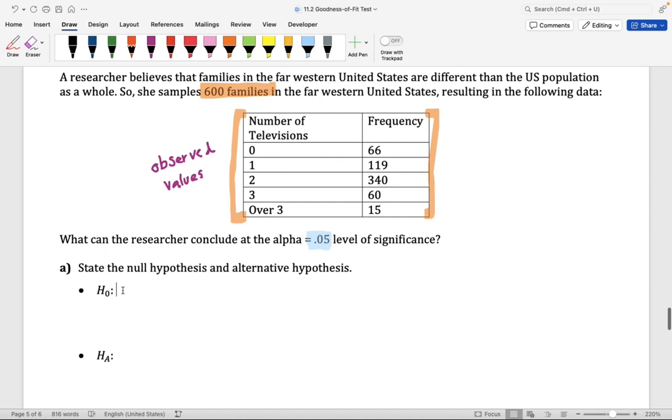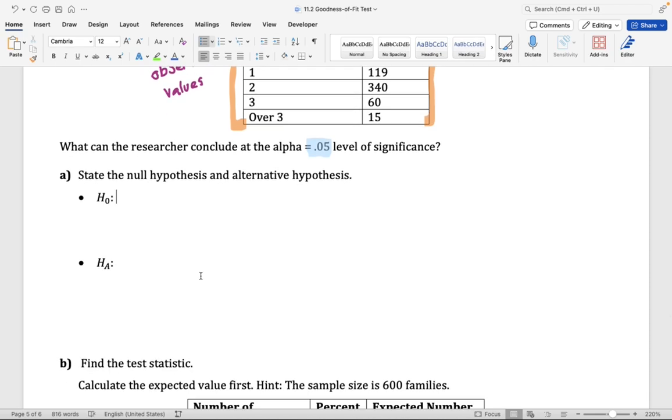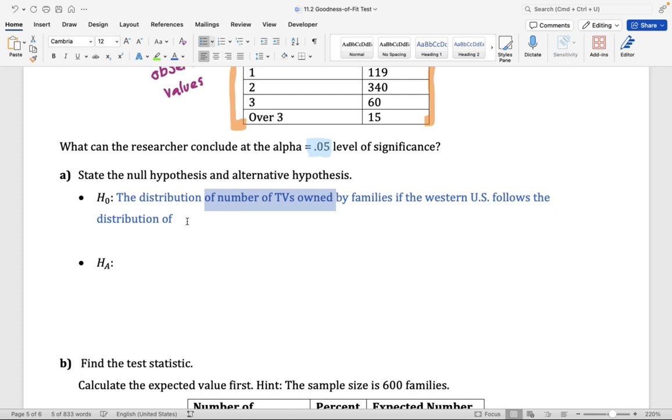The null hypothesis is going to state that our distribution follows the known distribution. Let's go ahead and use the context of the situation to write the null hypothesis. We're going to say the distribution of number of TVs owned by families in the Western United States, and we can say fits, follows, or is the same, I'm just going to say follows the distribution of number of TVs owned by American families.